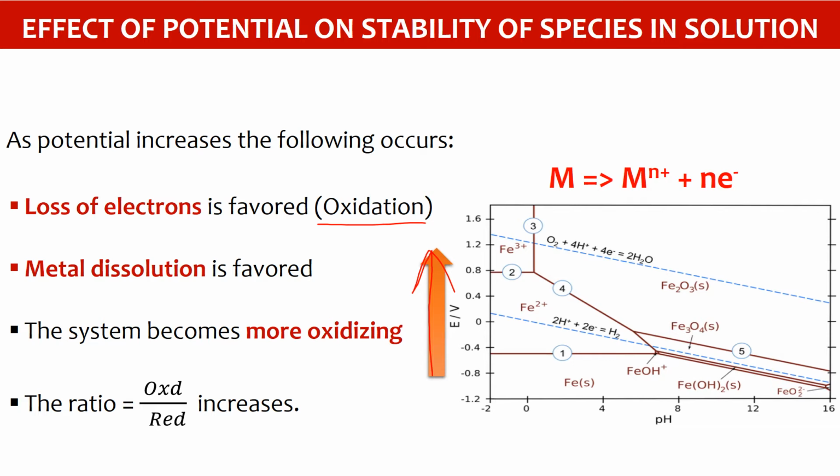In this region, there is loss of electrons, which favors leaching or metal dissolution. The system is more oxidizing because you are going into the oxidized region, so the ratio of your oxidized species over your reduced species increases. That's the effect of increasing potential on the system.